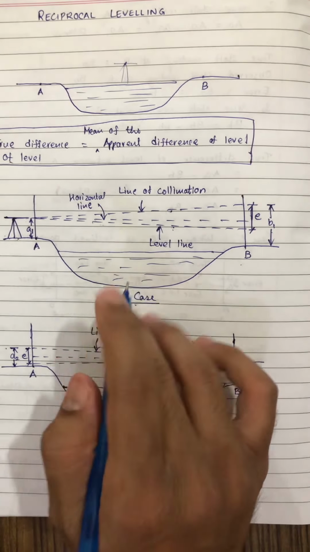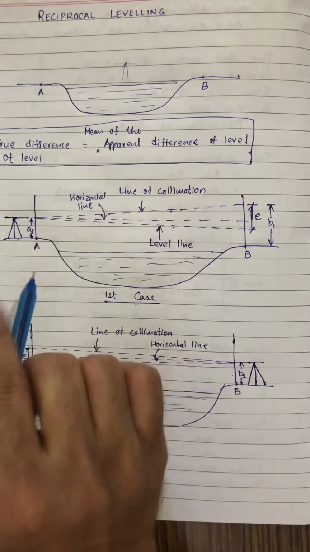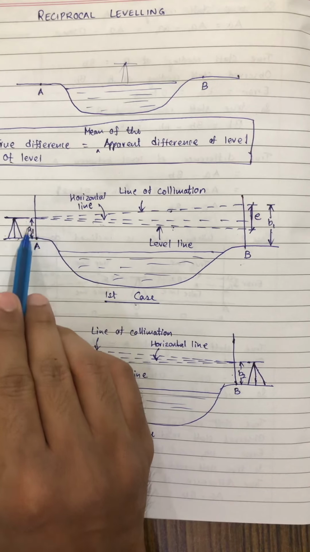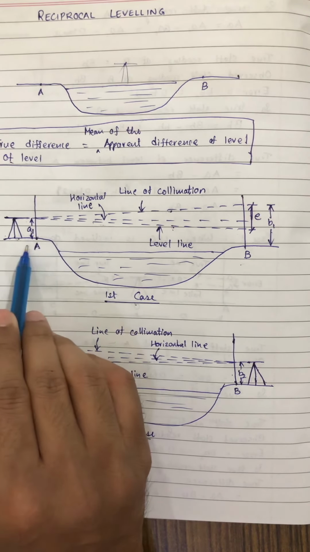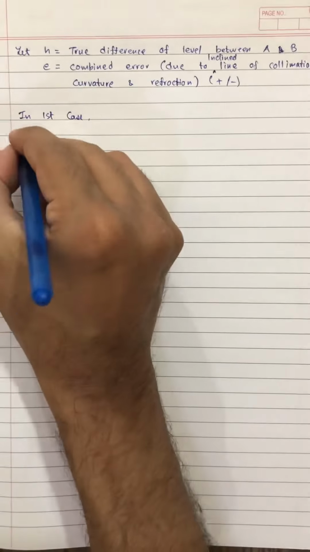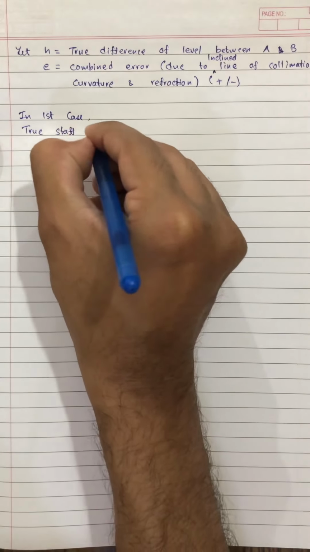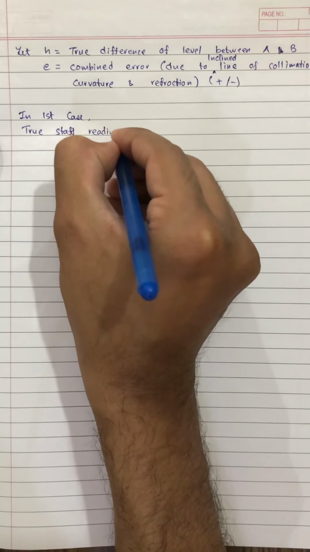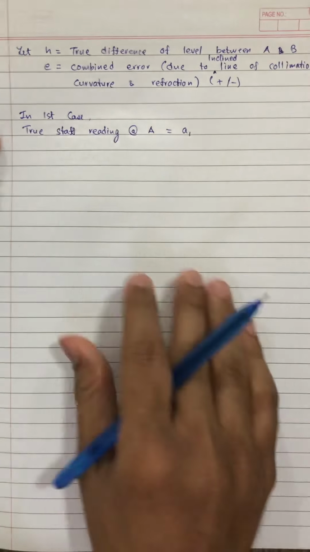Okay, so in the first case or in the first setup, the true staff reading at point A is this A1, because level is very near to this staff at point A. So true staff reading at A is equal to A1.